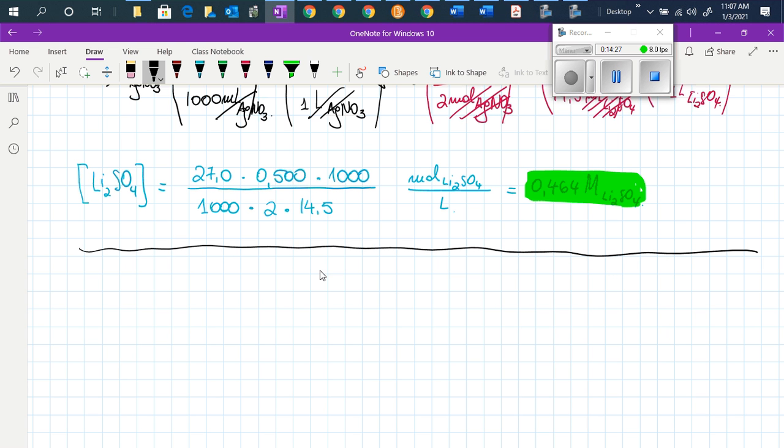So there are 2 things that you can do. You practice when we are figuring out which one is limiting or which one is excess reactant. There are 2 things that we practice. The first one is that we practice doing stoich, and the second one is that we figure out whatever is the limiting reactant and what is the mass of the precipitate.